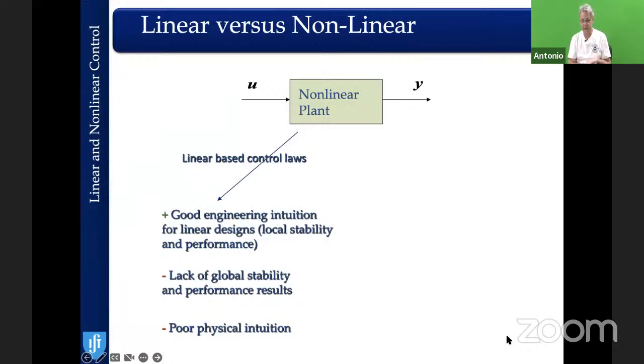For example, the classical approach is to use what people call PID controllers. So you take the output, compare with the reference, and you multiply that by a gain, the proportional term. You compute the derivative and multiply by another gain, and you compute the integral and multiply by another gain. And there's a reason why we do this.